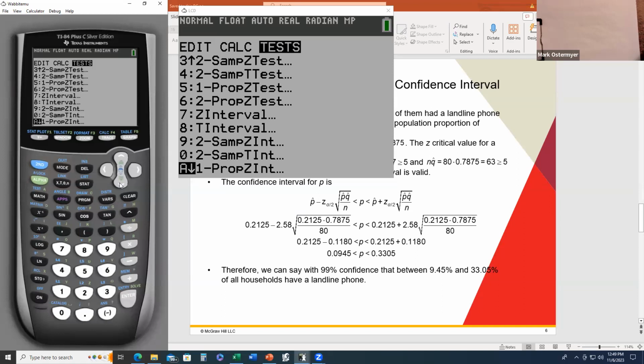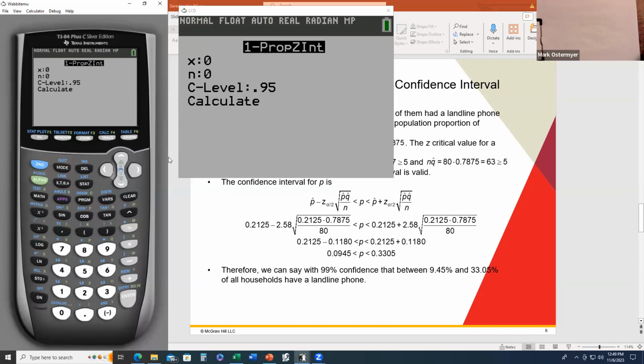Okay, so just make note that this is the function used for section 7.4 to build a confidence interval for an unknown population proportion.